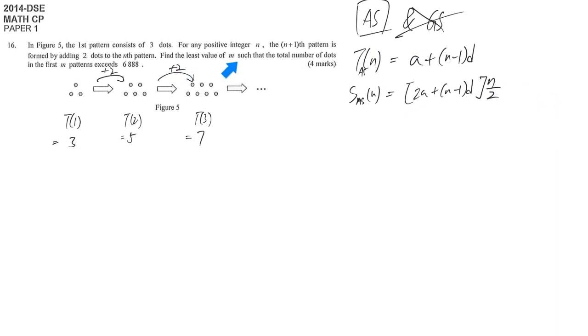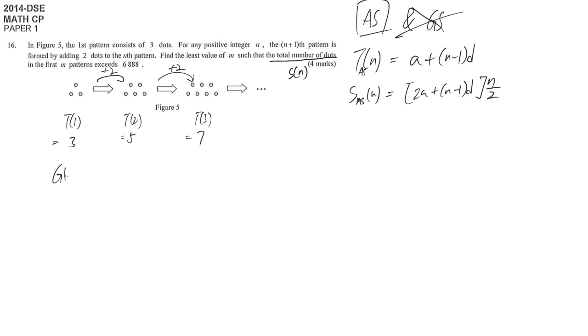Now we look at the criteria. They say m such that the total number of dots, that means the number of dots in the first one, together with the second one, together with the third one, until the nth one, in the first m patterns exceeds this amount. So the total number here represents Sn instead of just a single term.